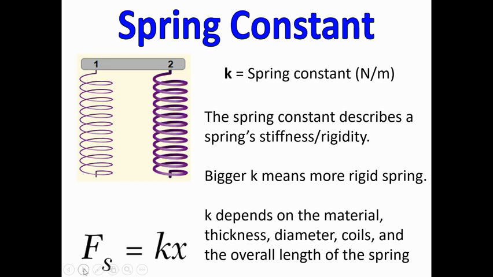Well, it's a constant for a particular spring telling you how many newtons are required to stretch it a certain distance. In other words, it's a number that describes or represents the object's stiffness or rigidity, how rigid the spring is, or how easy it is to stretch or compress.